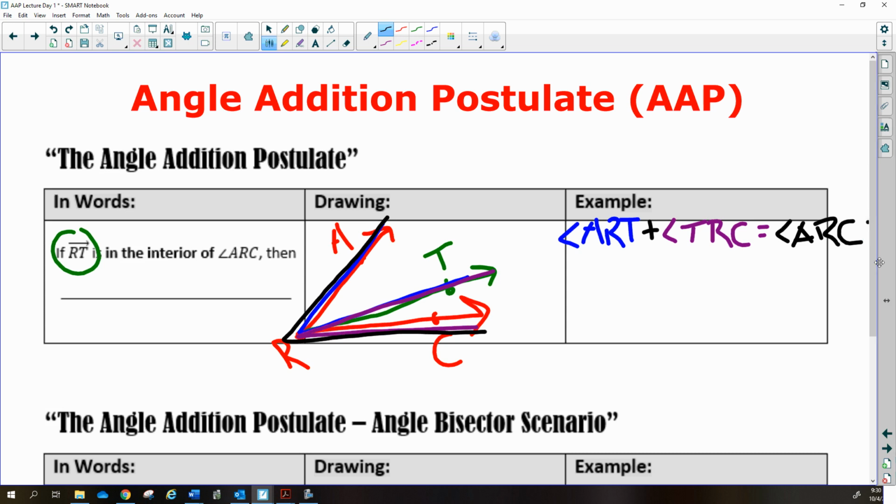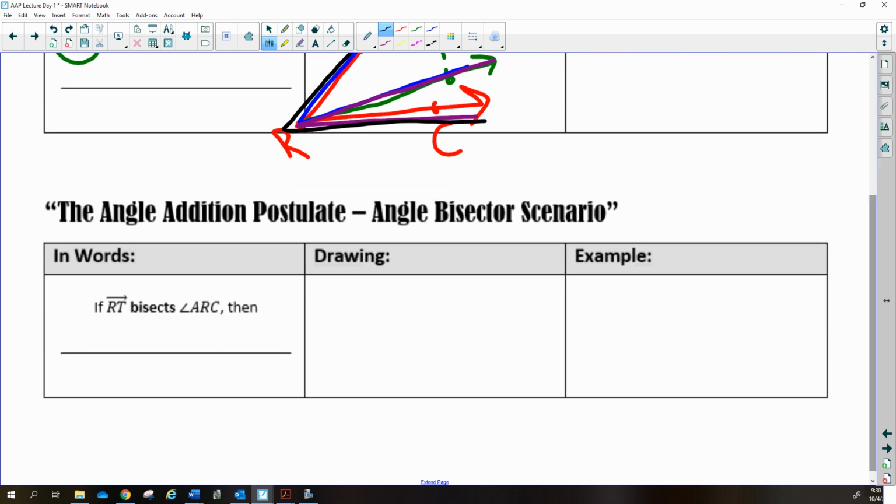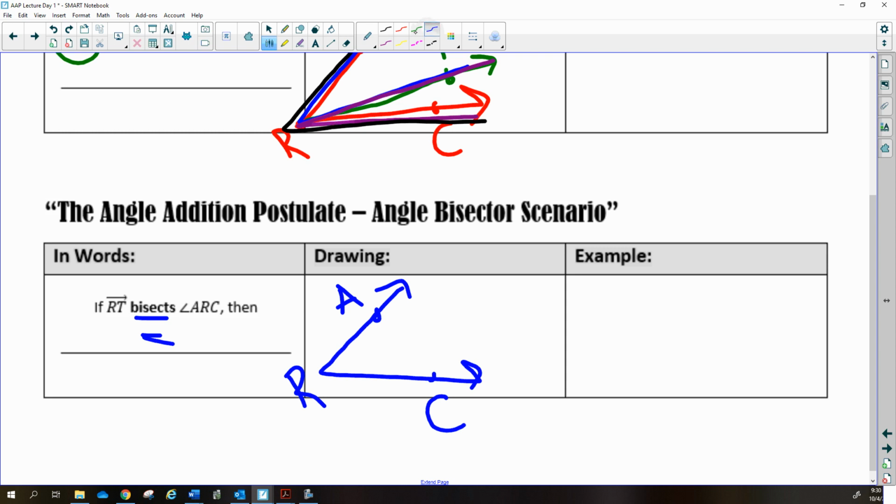Now, how would I go about doing a scenario with this? If I scroll down to this next one, I can do the angle bisector scenario. With that same type of scenario, I can draw a picture ARC. On this one, instead of RT just being anywhere in there, if it bisects the angle, when I draw this ray in the middle of it, in green, I know that this angle has to have the same measurement as that angle there.